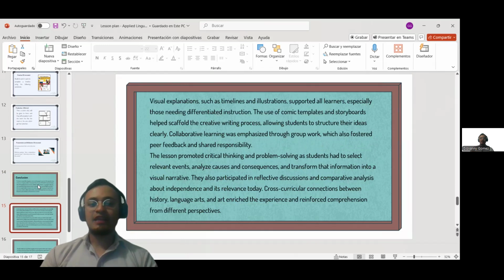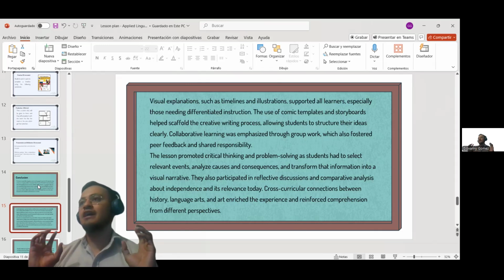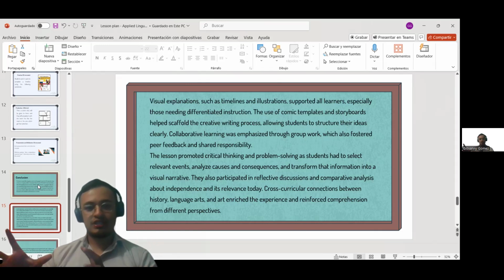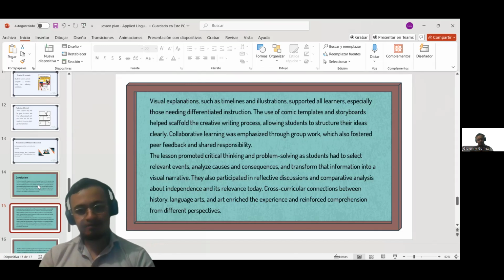The visual explanations, such as timelines and illustrations, support all the students, especially those needing instructions in a different way.